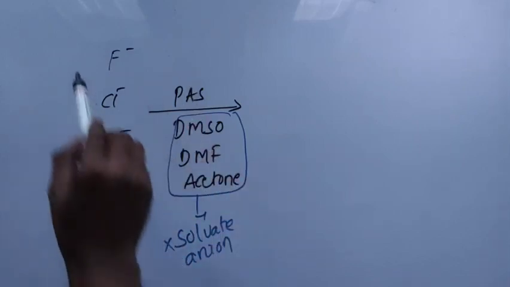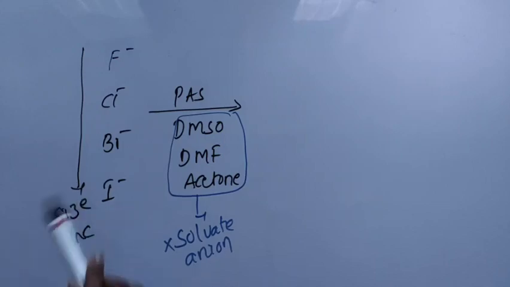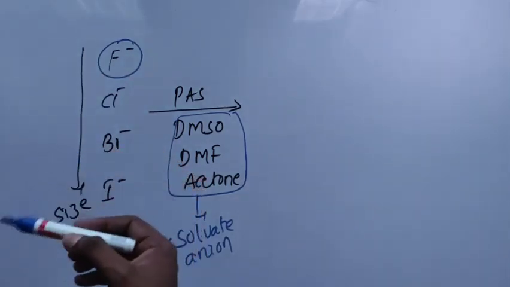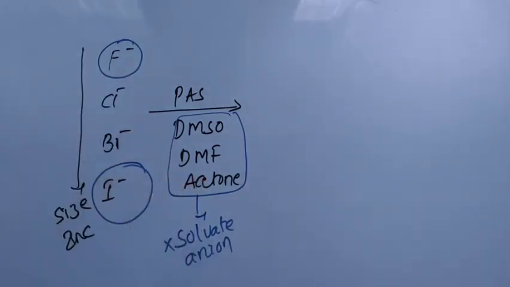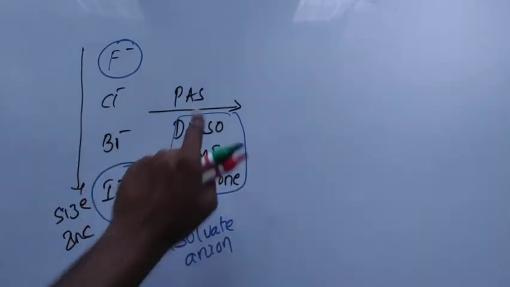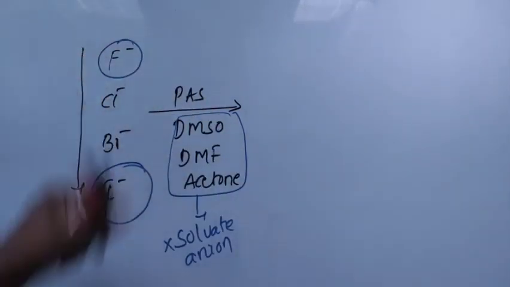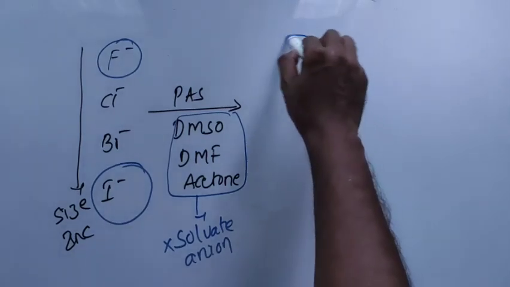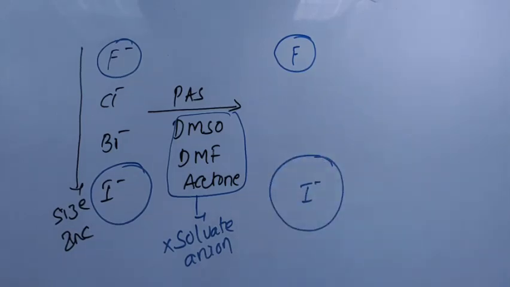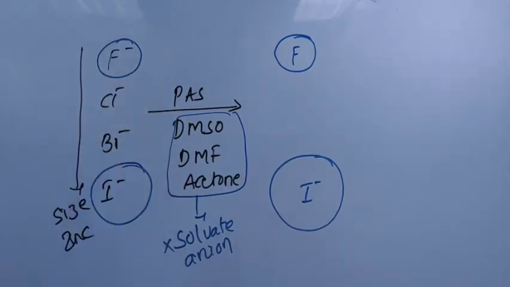Therefore, from the periodic table, down the group size increases. So the size of the fluoride ion is comparatively smaller than the size of the iodide. The same is the case even in polar aprotic solvent because of the inability of the solvent to solvate. Therefore, the size of the fluoride is still smaller and the size of the iodide is still larger because it cannot solvate these anions.